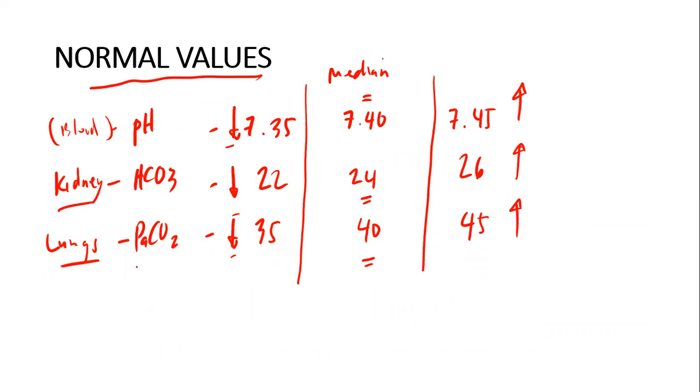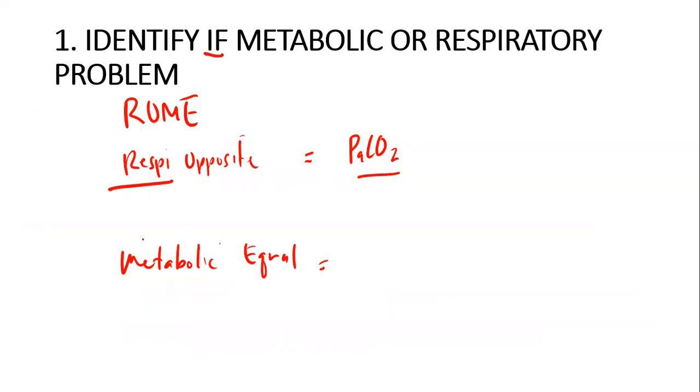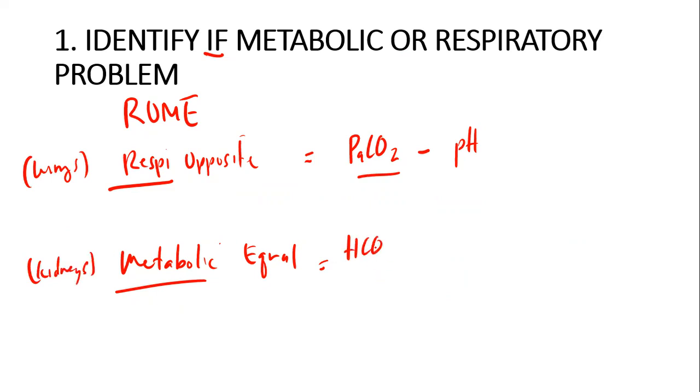So for PaCO2, we have the lungs, right? So for respiratory opposite, we are going to compare the arrows for the lungs and the blood, pH. And for the metabolic, we have the kidney, your bicarb and your pH.